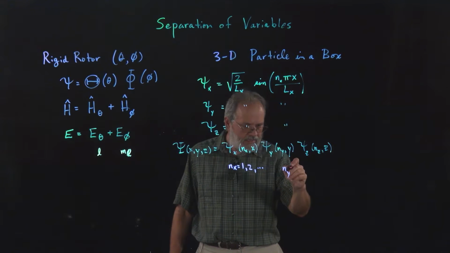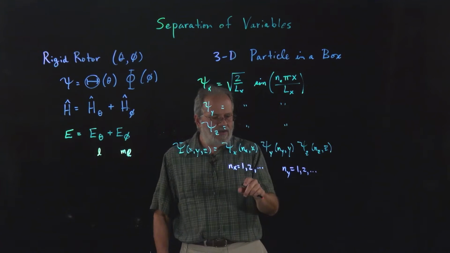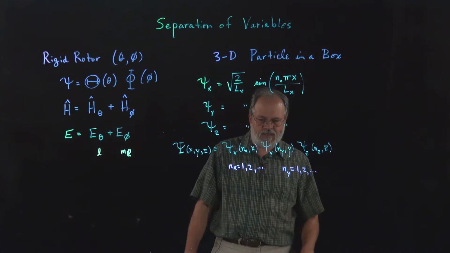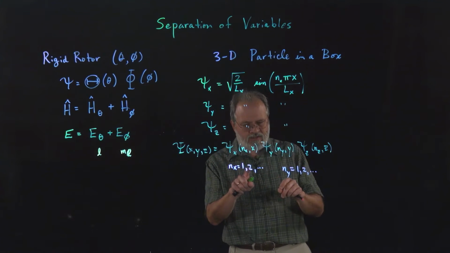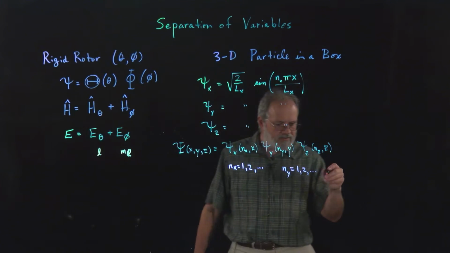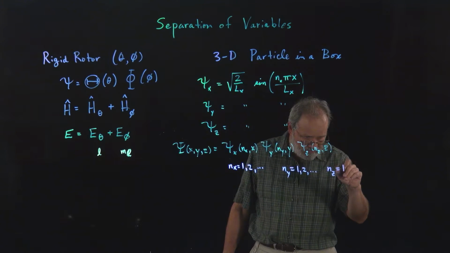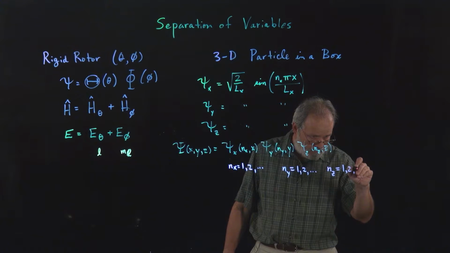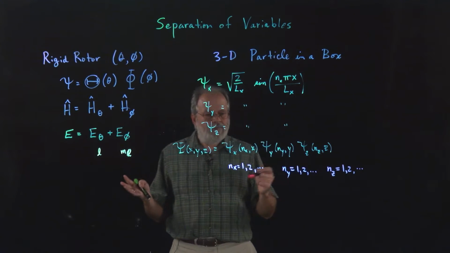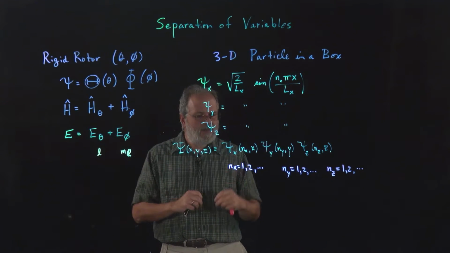So ny can be 1, 2, or 3, and it doesn't matter what this one is, this one will be any one of these integers as well. So you can have 1, 1, or 2, 1, or 2, 2, or 1, 2, or whatever, all possible combinations. And of course, this third coordinate is the same. So that's going to be the wave function.